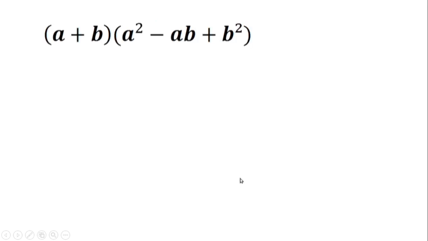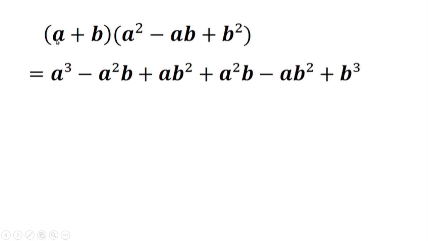So how to prove this one? That a plus b times a squared minus ab plus b squared will result in a cube plus b cube. So multiplying this one to this one, a times a squared is a cube, a times minus ab is minus a squared b, and a times b squared is ab squared, and this is plus.